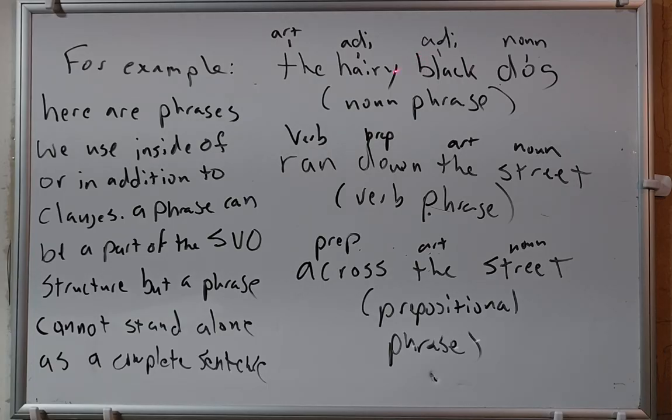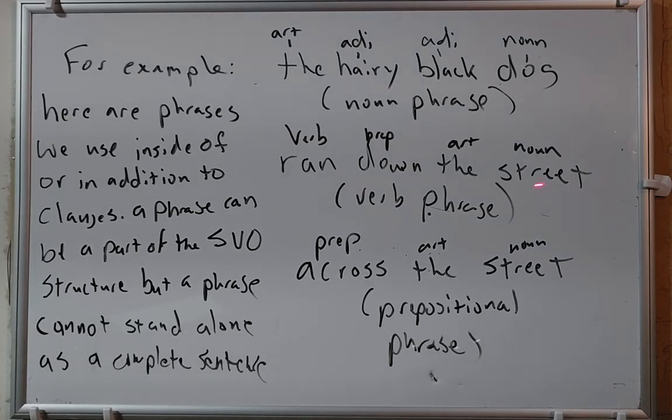We can have two here. We don't need conjunction between. We will review that in a later video. And here ending with a noun. This is a noun phrase. Why? Because it does not have a verb. It cannot be an SVO.